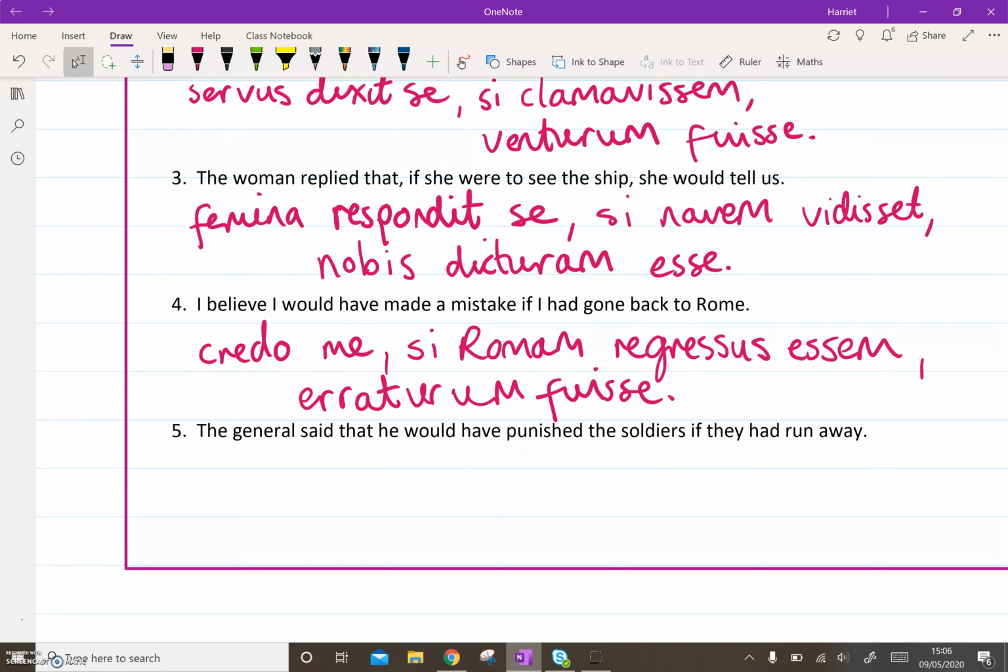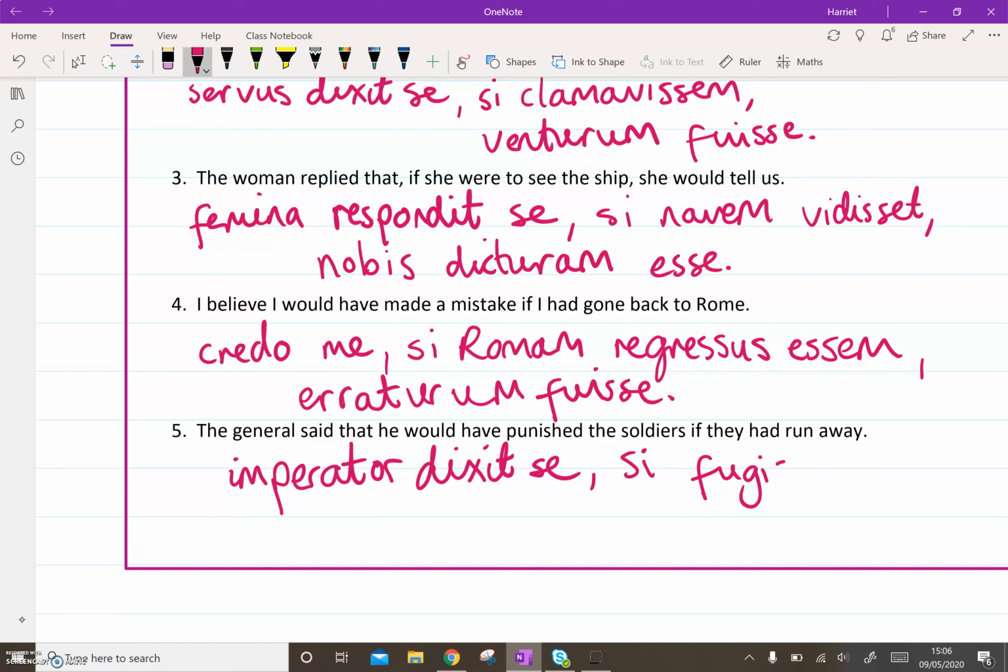Finally, number 5, the general said that he would have punished the soldiers if they had run away. So Imperator dixit said that he, so we need to use say again, if they had run away, si fugissent, pluperfect, because it's had.